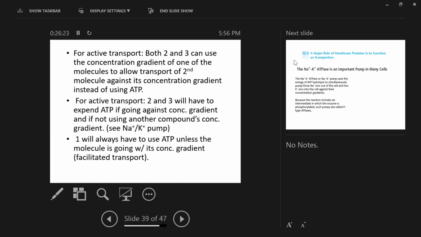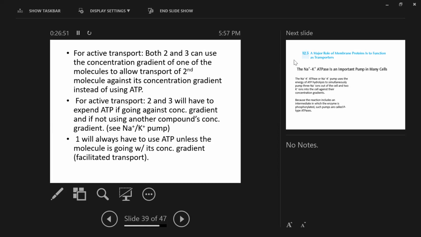But if it's active transport and you need ATP, then both are going against the gradient. So for active transport, both 2 and 3 have to be going against the gradient, or one molecule is helping the other one with only one going against the gradient and the other one is not.